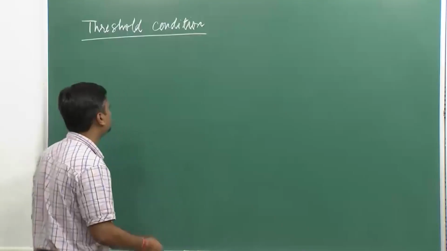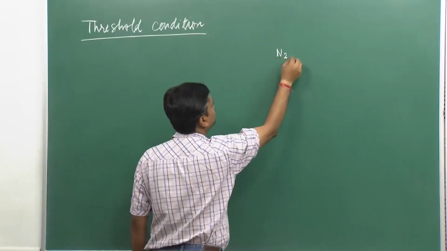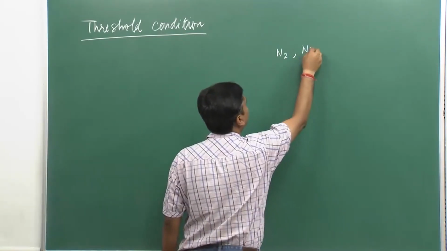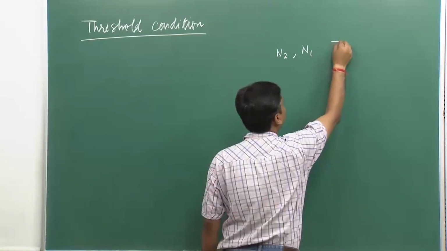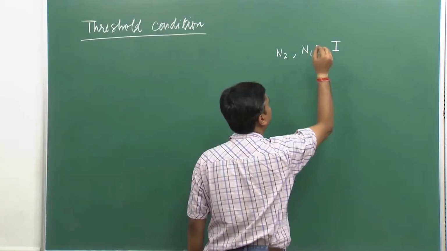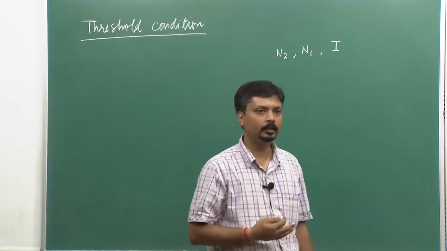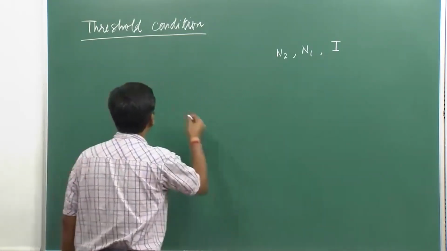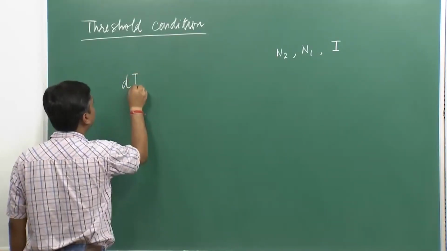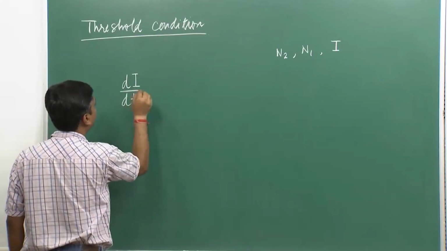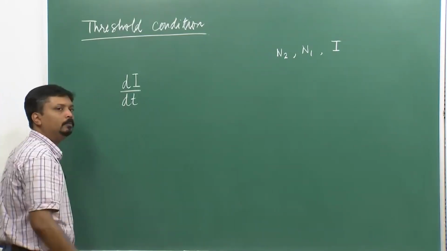If I write the populations of the upper and lower states as N2 and N1 respectively, and the intensity of the stimulated photons as I, then the rate of increase of stimulated photons we can write as dI/dt, and you can see this is positive.